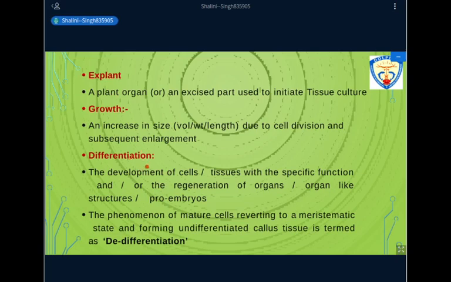So these cells will make different organs of your plant. What are the organs of the plant? The organs of the plant are basically the roots and shoots. So when your cell is being regenerated, being made into shoots and roots, then it is known as differentiation. And these shoots and roots have specific functions.